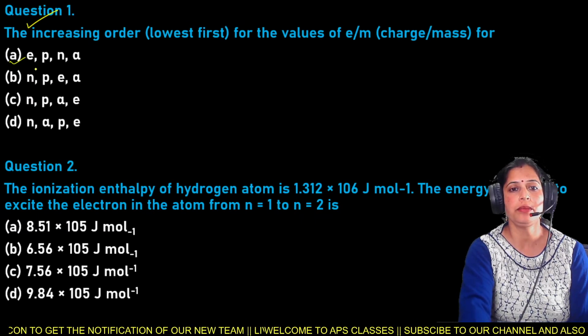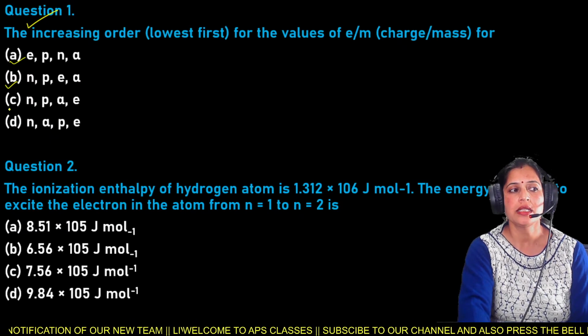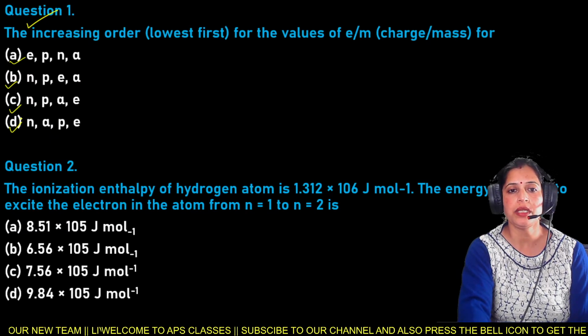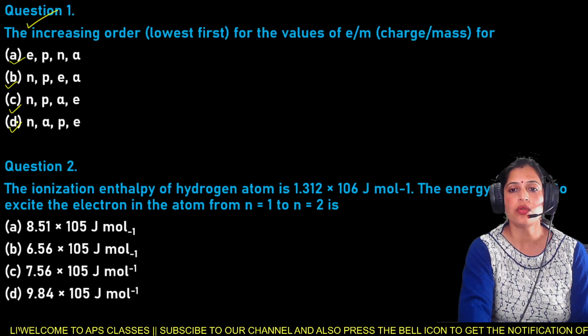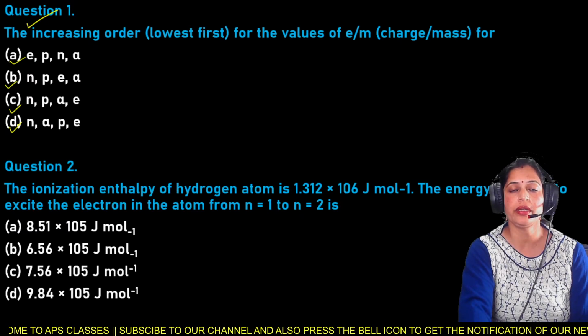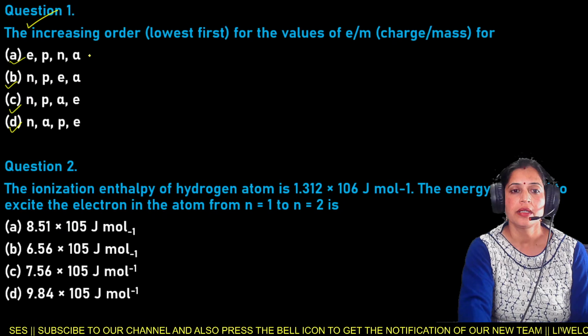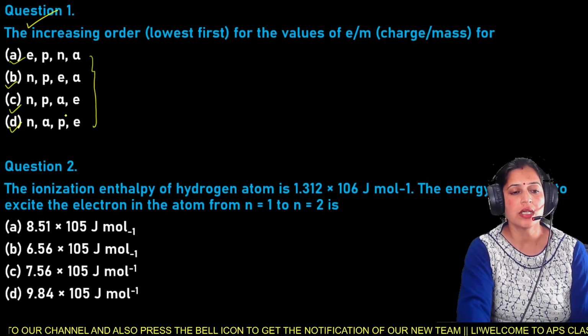Options are: A, e, p, n, α; B, n, p, e, α; C, n, p, α, e; and D, n, α, p, e. So you have to mention the increasing order of e/m, that is charge/mass, for the following options. What is the right answer?